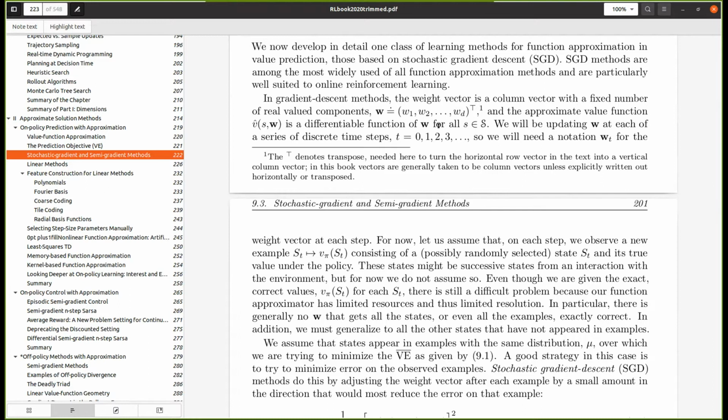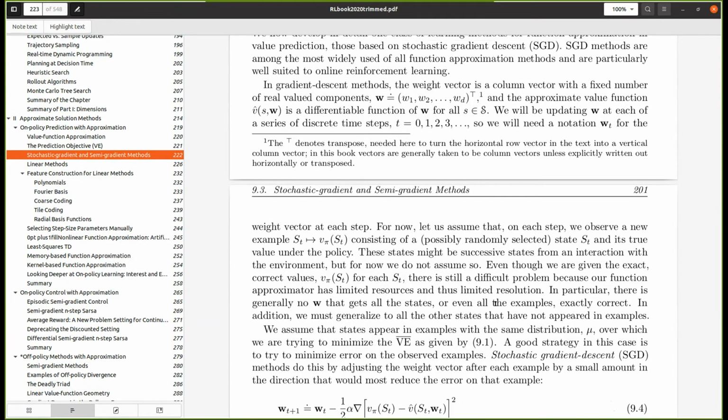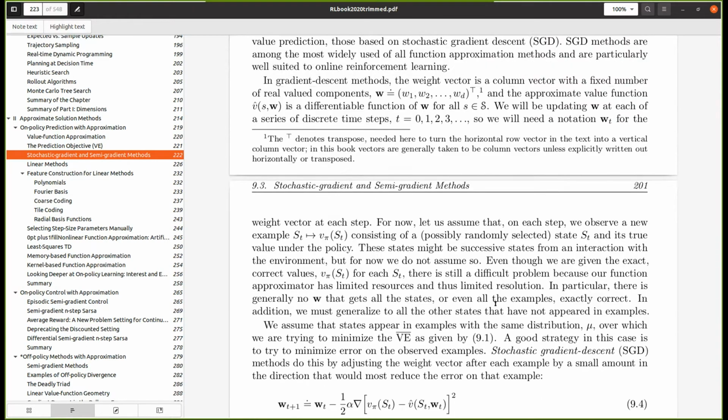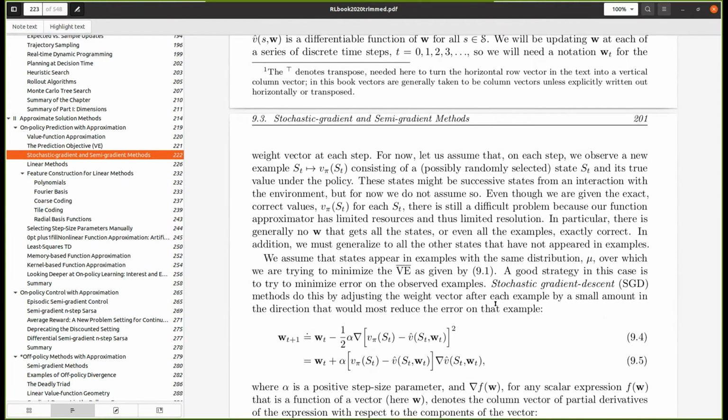In the very simplest case, which is the linear case, it will be just a single vector multiplied by a feature vector, which is of the same size as W. In this chapter, we will be mostly talking about the simplest linear case, because it's well studied and understood.